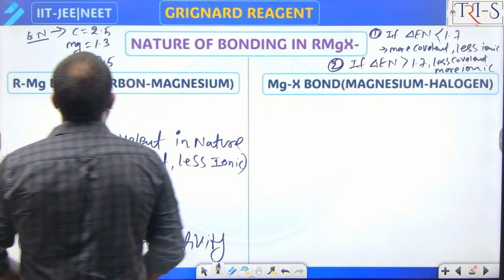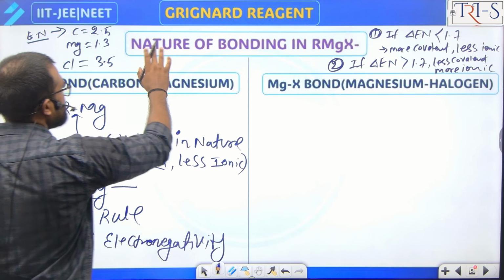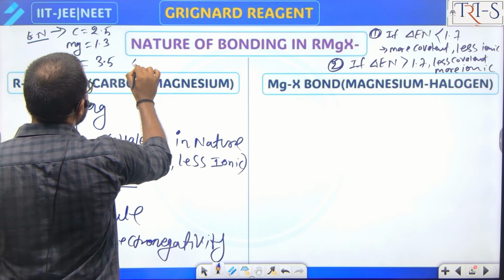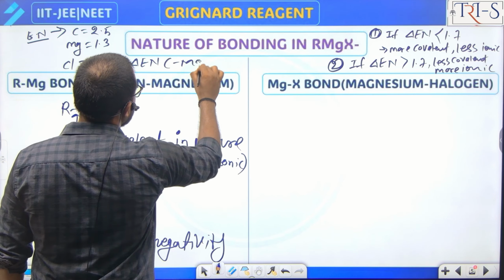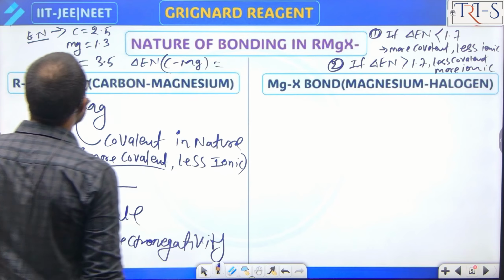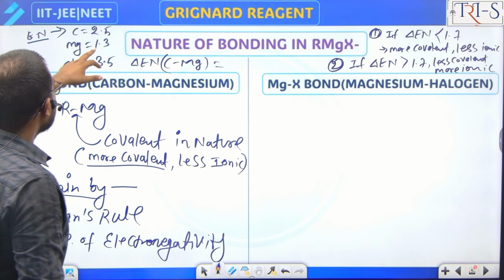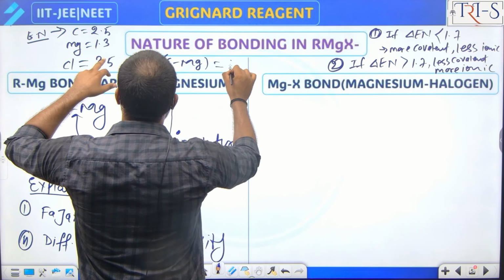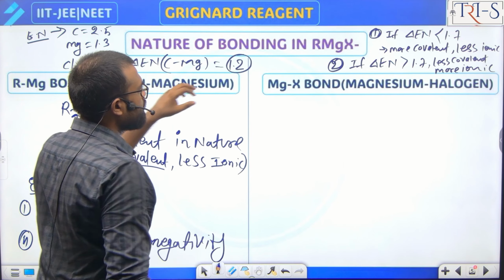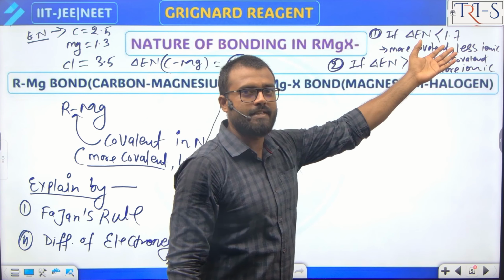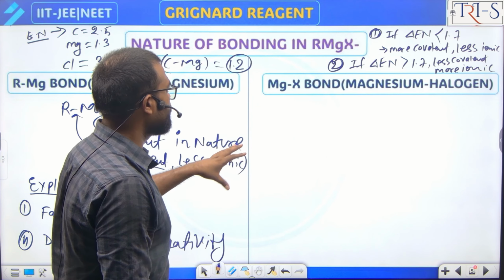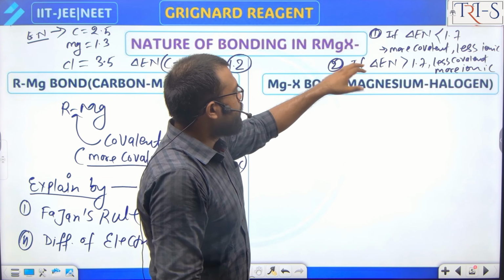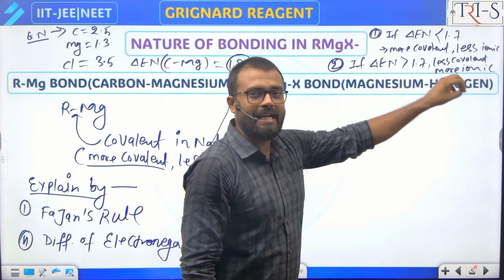If we discuss the difference of electronegativity between carbon and magnesium, we will find that the difference is 1.3 or 1.2 or so, and here we can easily see that the value is less than 1.7, so the bond is regarded as more covalent and less ionic.